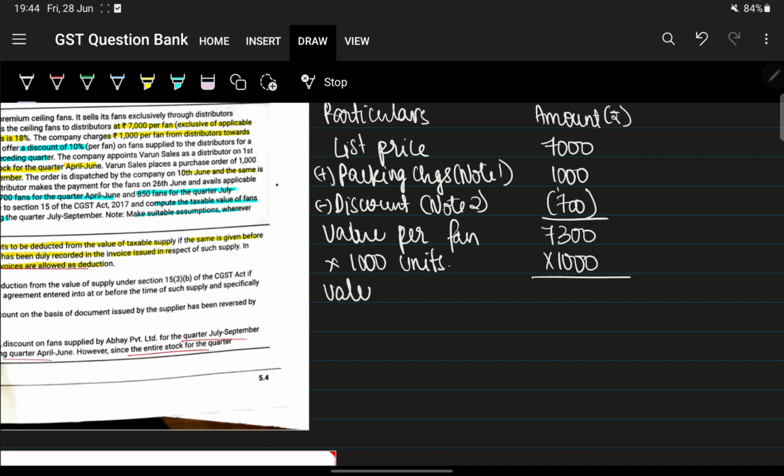Value of supply will be 7,300 into 1,000, so it will come up to 73 lakhs.